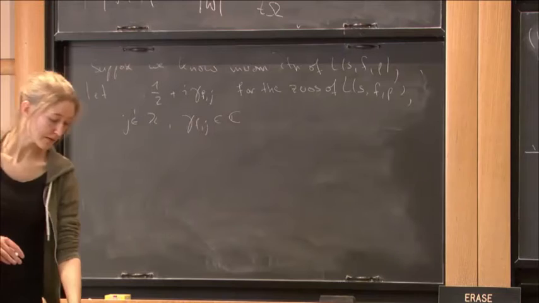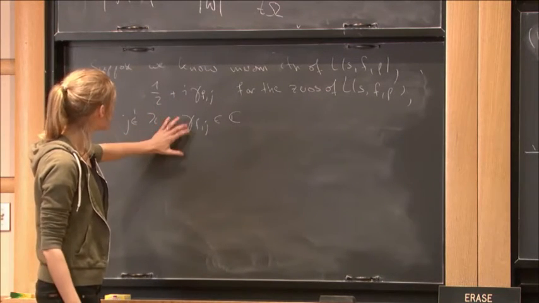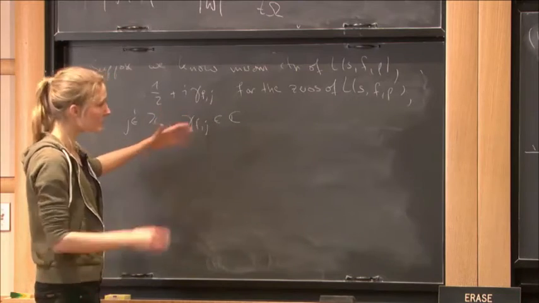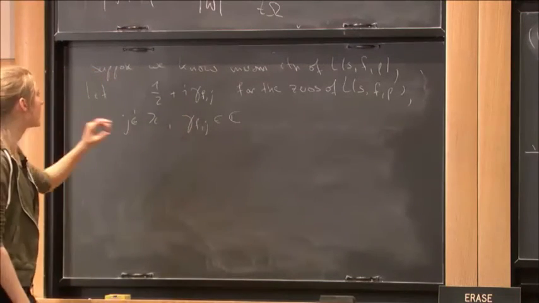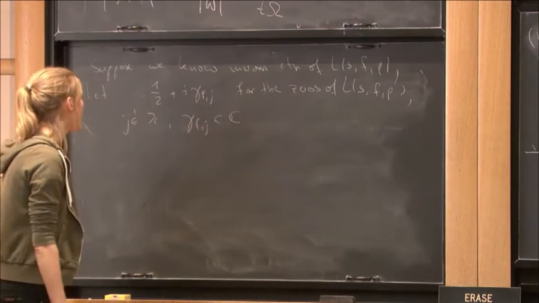And the question now is to understand how these numbers gamma_{F,j} distribute around the expected point of symmetry, so around 1/2.